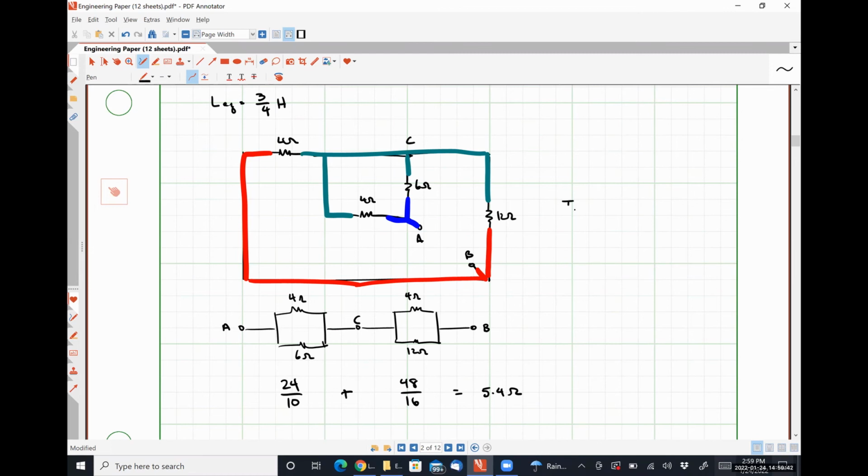From this, tau is equal to 0.75 Henry divided by 5.4 ohms. And I believe this is 5/36. Please verify it if you got a calculator on.